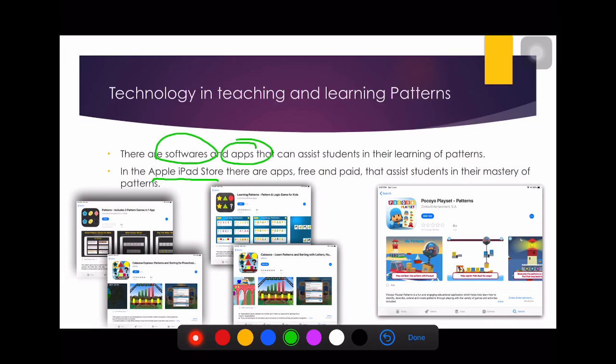So you can take a look at some of these resources. Some are free, some are paid, but you do need to go through the apps first. If your school already has pre-installed apps in your students' iPads, then just use those.